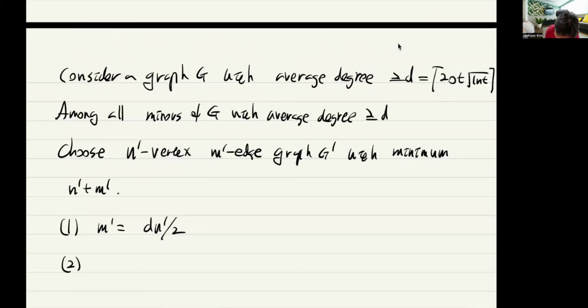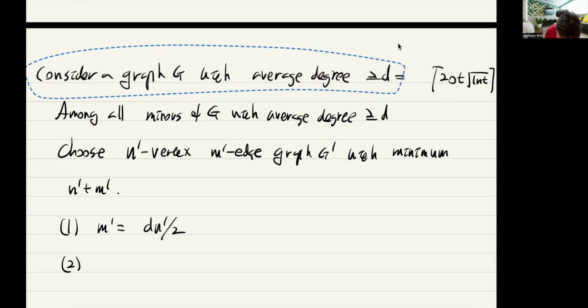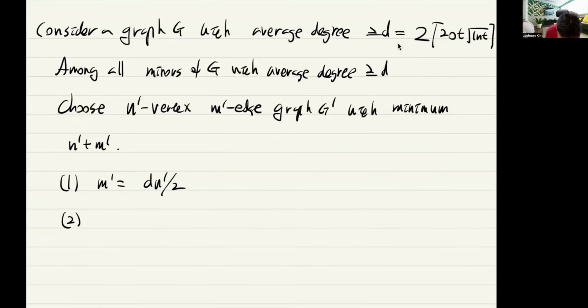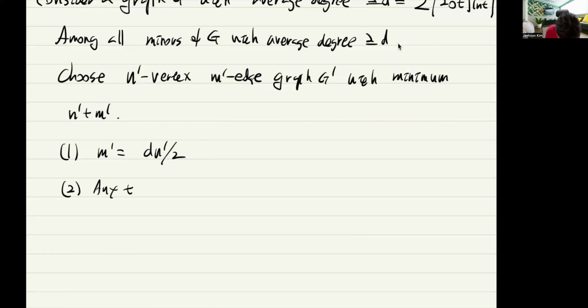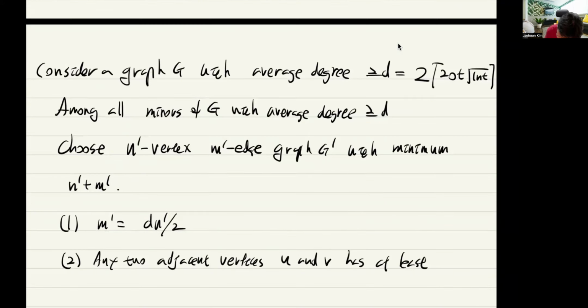And let's say, okay, let's make it a bit bigger, so it is an even number. And any two adjacent vertices, U and V, let's make it simpler.